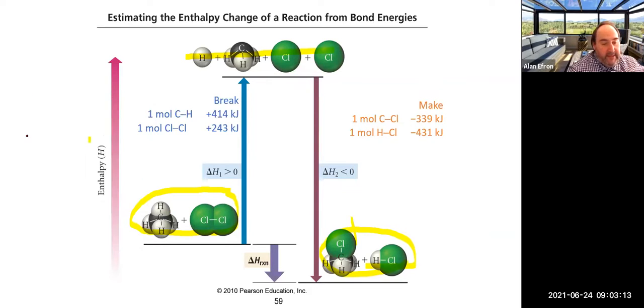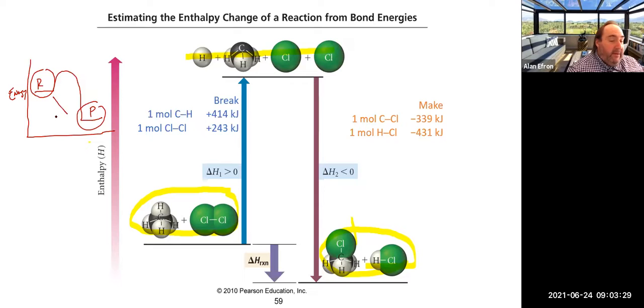Usually in an exothermic energy diagram, this is your reactants, this is your products, this is energy. And whenever you have your reactants higher in energy than your products, the only way for them to get down there is to give off energy.